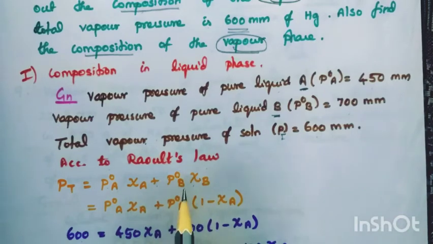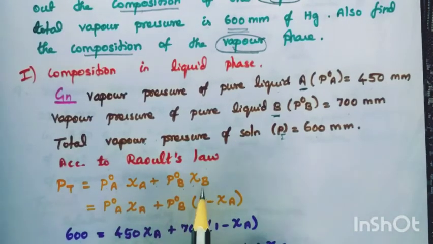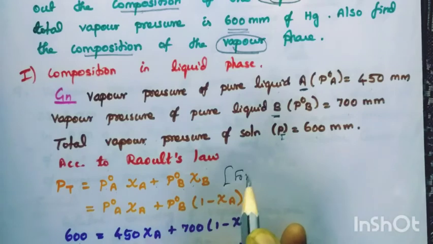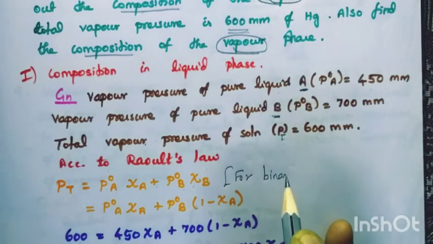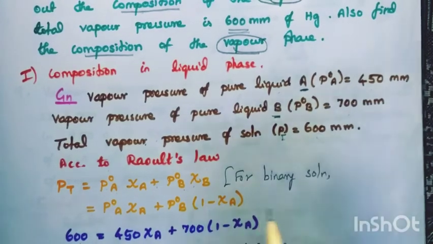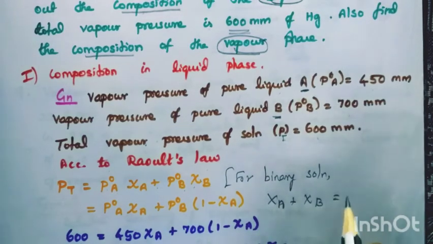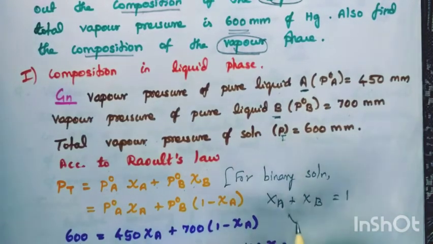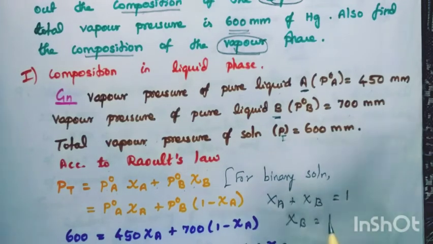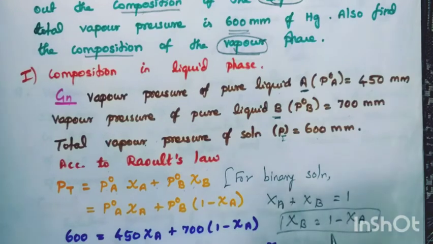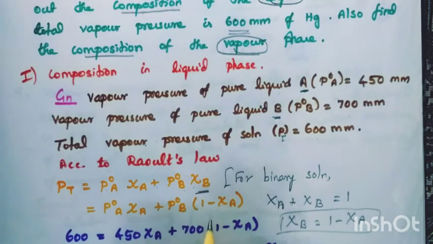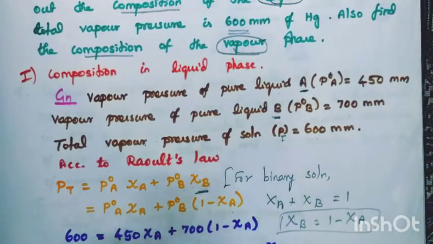That means two components, a binary solution. We already discussed, no? Mole fraction of A plus mole fraction of B is equal to 1. Therefore, mole fraction of B is equal to 1 minus mole fraction of A. So, instead of XB, we can write 1 minus XA.